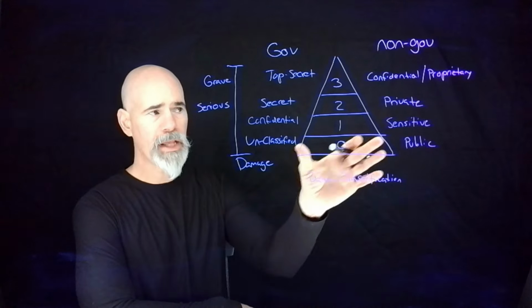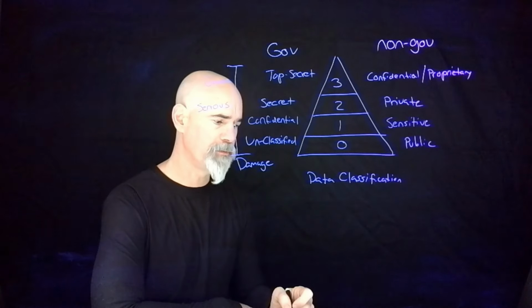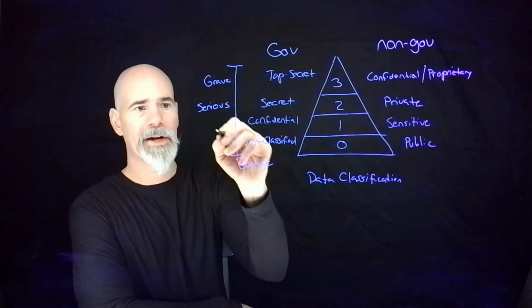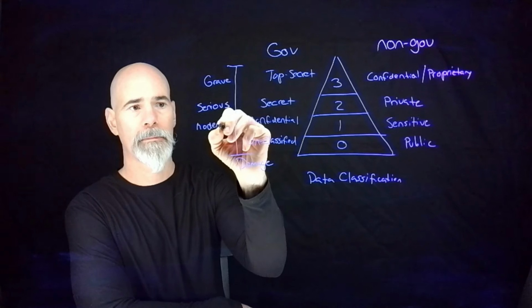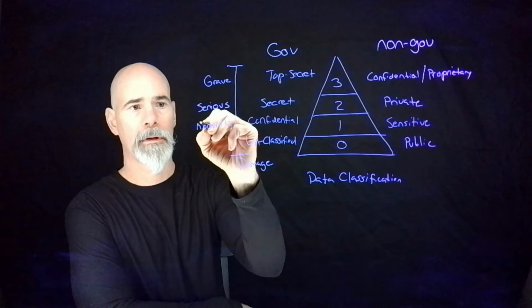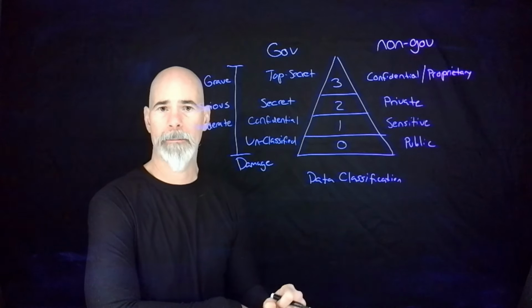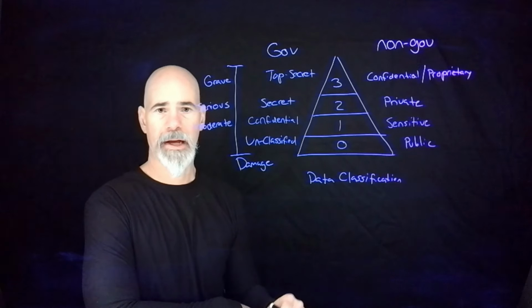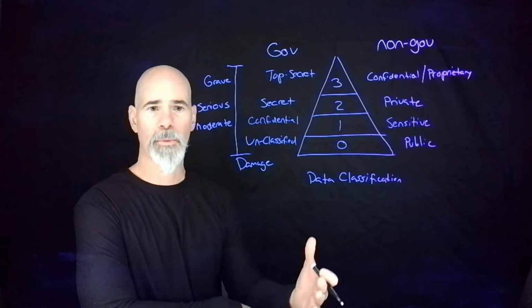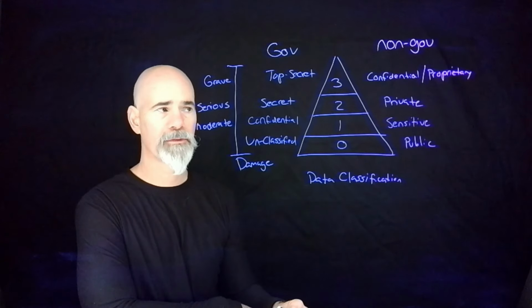And then again, as we move down with sensitive, we're really talking about moderate damage. That might mean from a government perspective that it might just not reflect well upon the government.